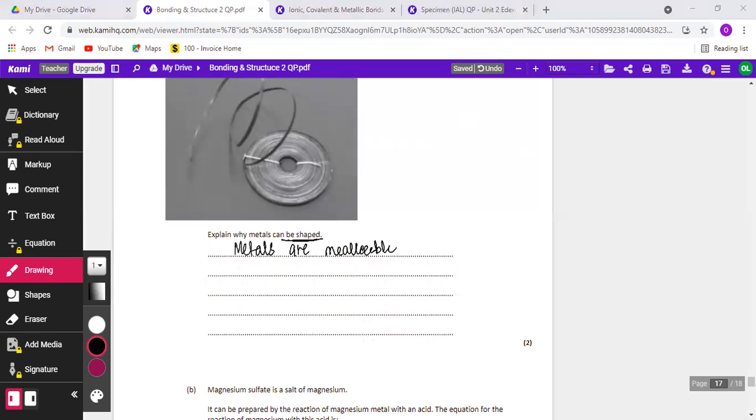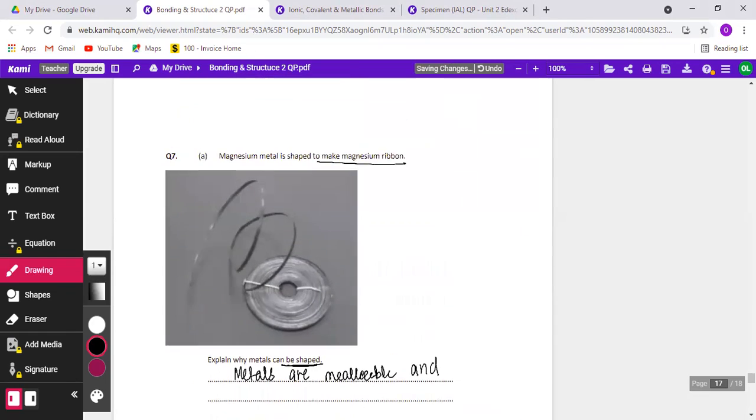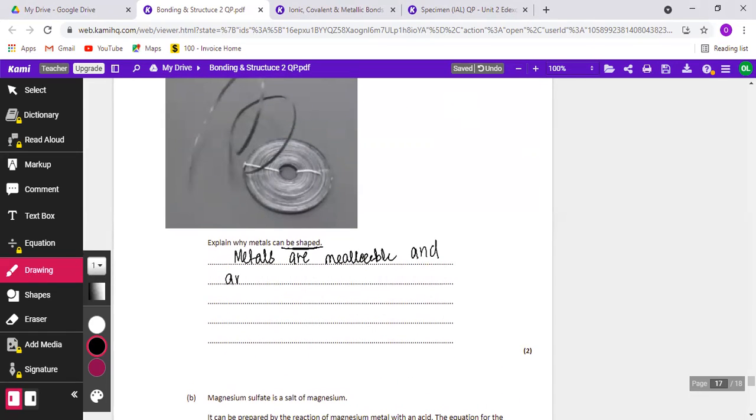Yes, and it is easier to bend if force is provided, in layers. That's it.